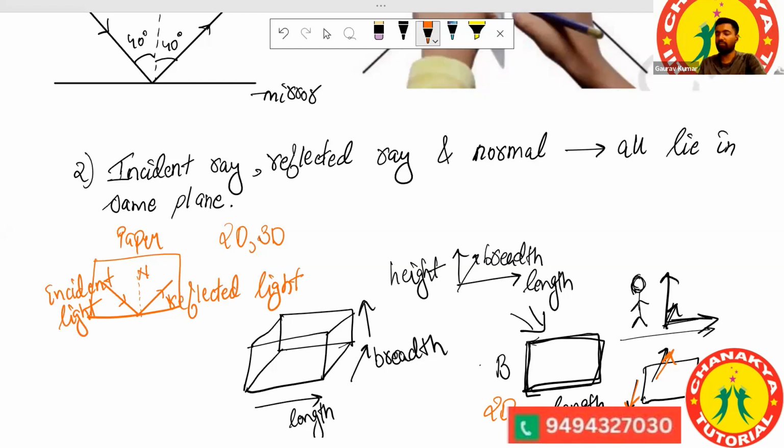So this is the second law of reflection.